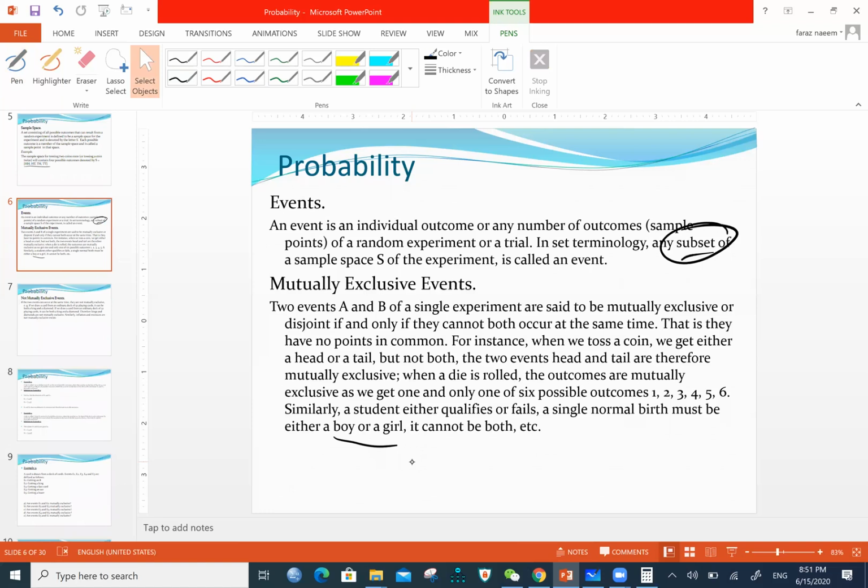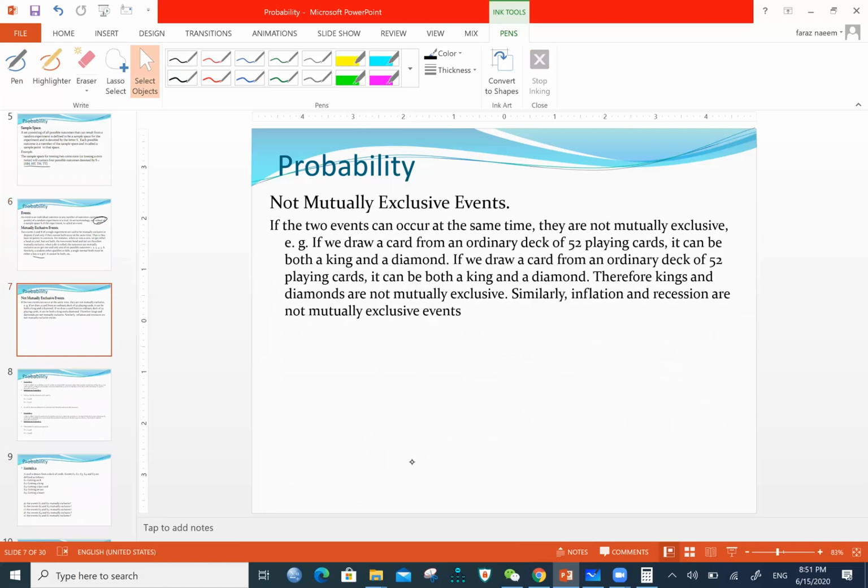Okay. Then another definition is not mutually exclusive. If the two events can occur at the same time, they are not mutually exclusive. For example, if you are familiar with cards, if we draw a card from an ordinary deck of 52 playing cards, it can be both a king and a diamond.